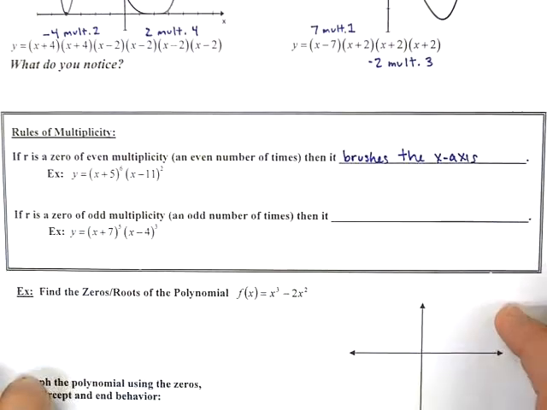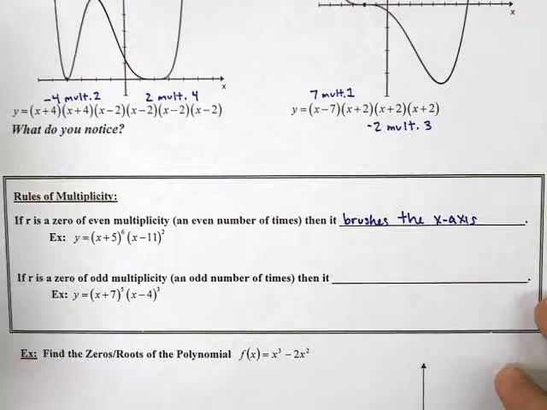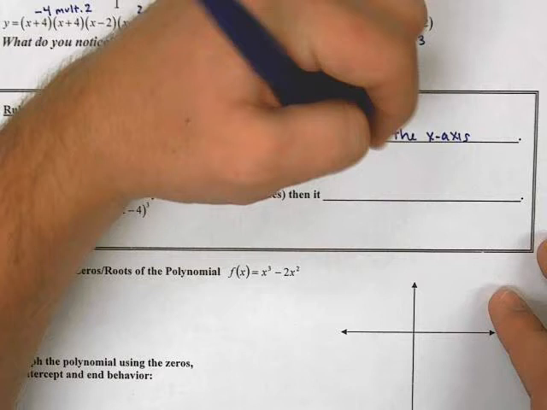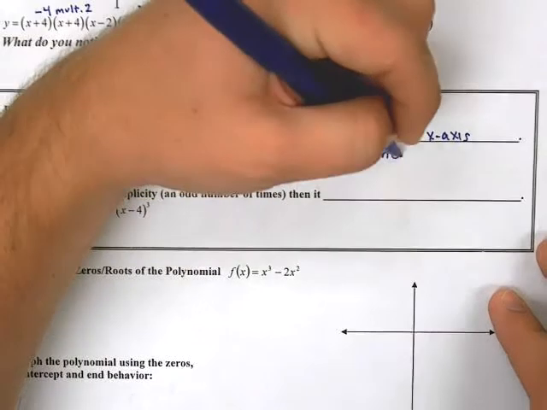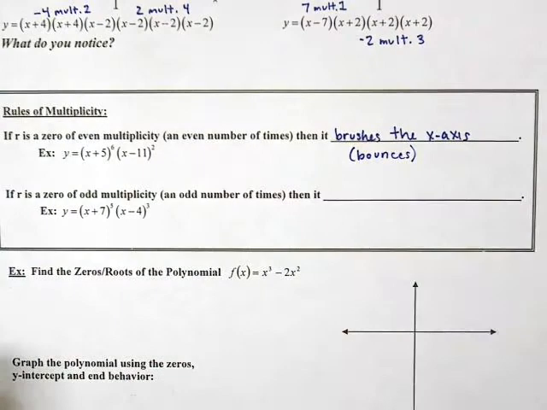Okay, it doesn't go through, it just kind of comes here and touches it and goes right back up. So I might say the word bounce a little more than brushes. That's just what I'm used to. Okay, it bounces off the x-axis.